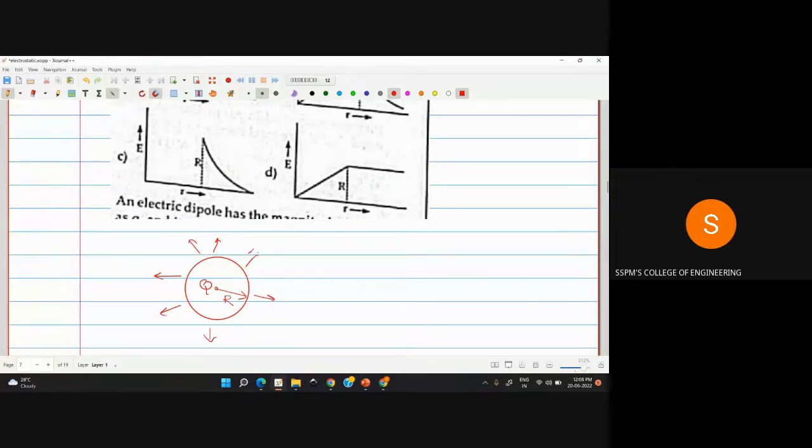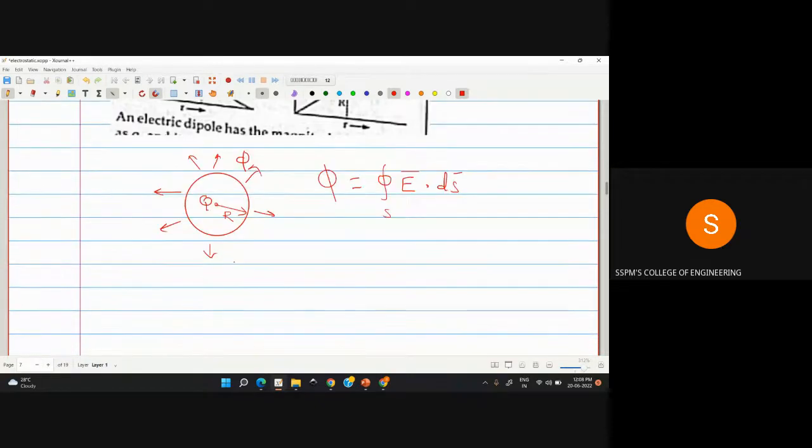And according to Gauss law, the flux crossing the closed surface, phi, is equal to the surface integral of E bar dot ds bar. Here what is E bar? E bar is the electric field intensity and ds bar is the surface area. The integration of ds bar is the area of the sphere, isn't it?